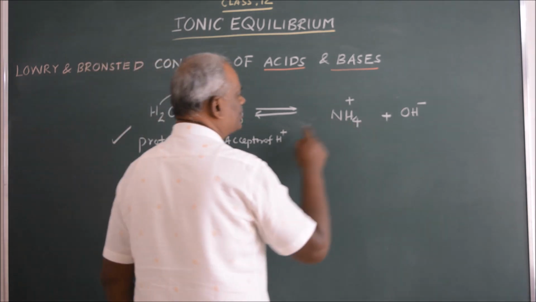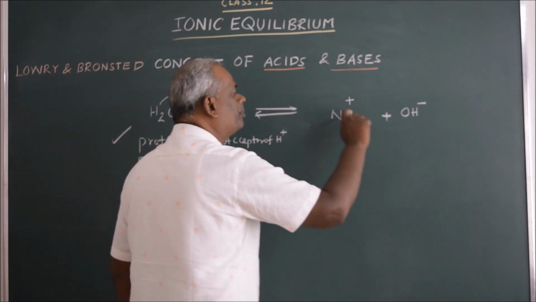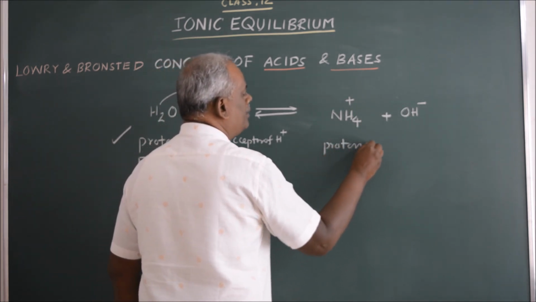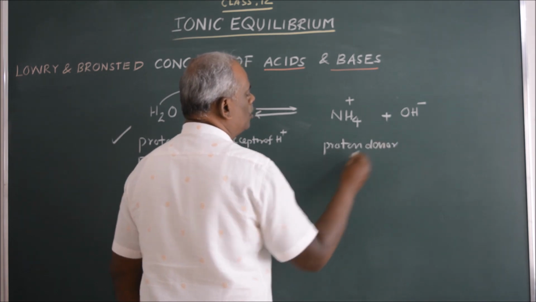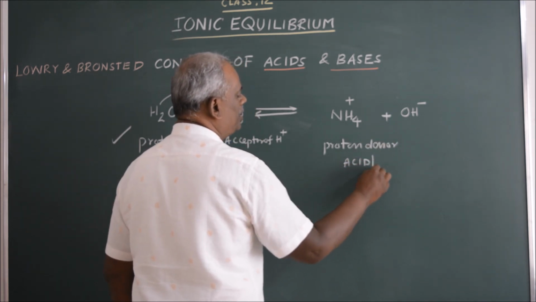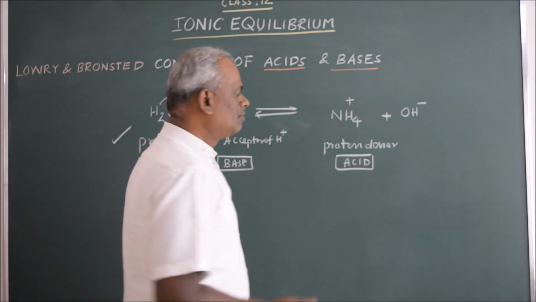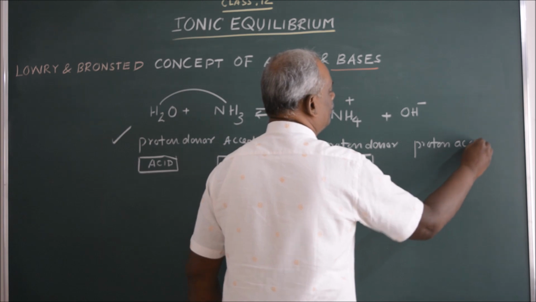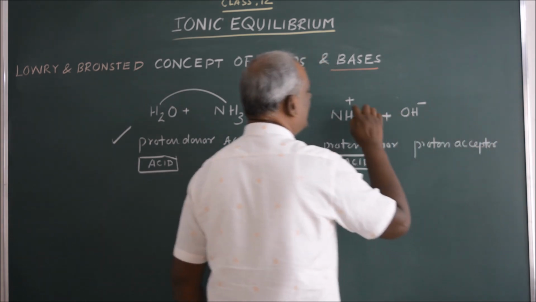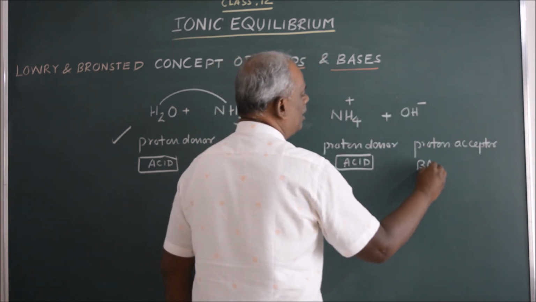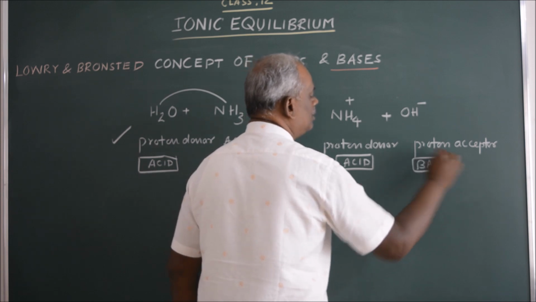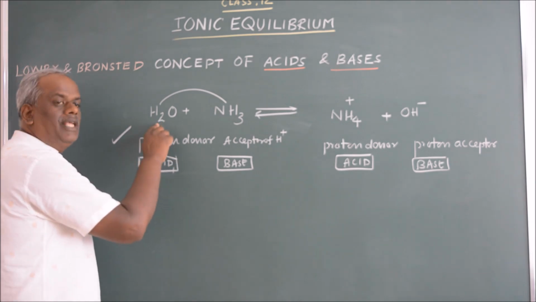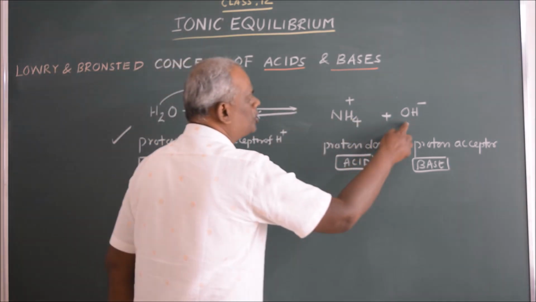In the opposite reaction, now this is the proton provider, proton supplier, so that we can say this is the proton donor. We know that always proton donors are behaving like acids. And this will be the proton acceptor, because it can accept the hydrogen plus, so that we can call this a base. See the combination. Acid 1, after the loss of H plus, is forming OH minus.